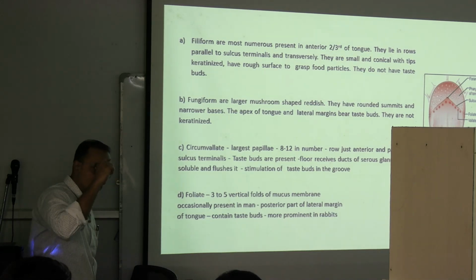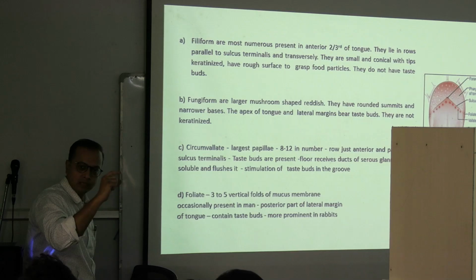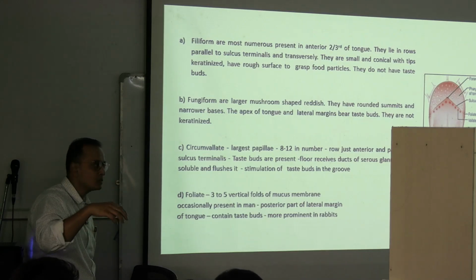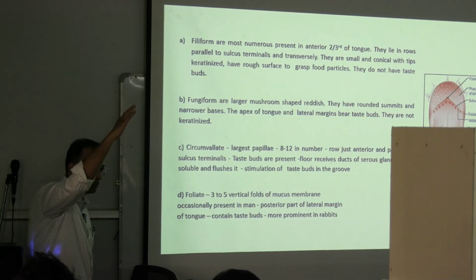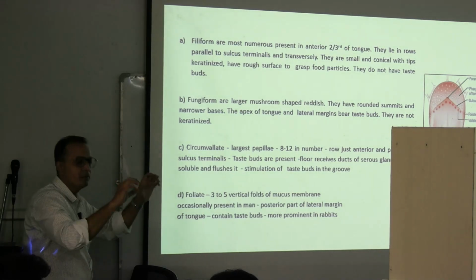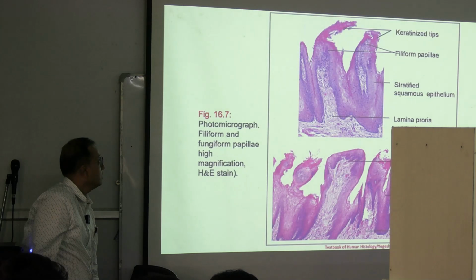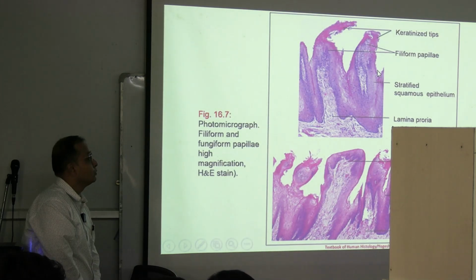Cells means stratified squamous epithelium. What do you mean by stratified squamous epithelium? Stratified means more than 2 or 3 layers will be there. Squamous means flat kind of cells. Clear? Good.